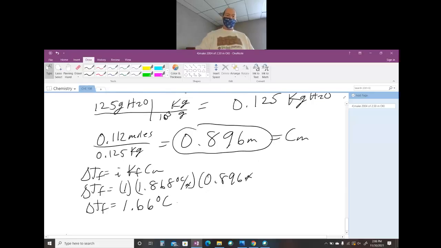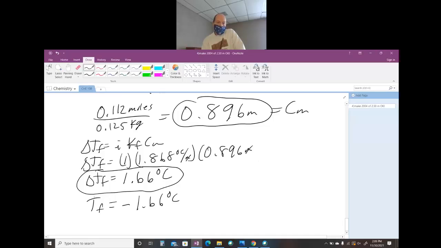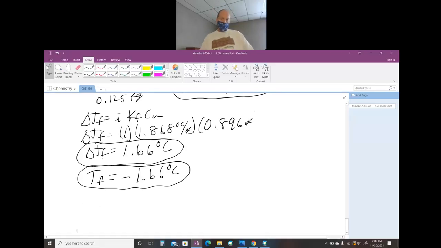But that is not the freezing point. That is the freezing point depression. So delta T sub F is not the freezing point. And so the temperature of freezing here is negative 1.66 degrees Celsius. It went down 1.66. The freezing point of water is 0, so it is negative 1.66 degrees Celsius.